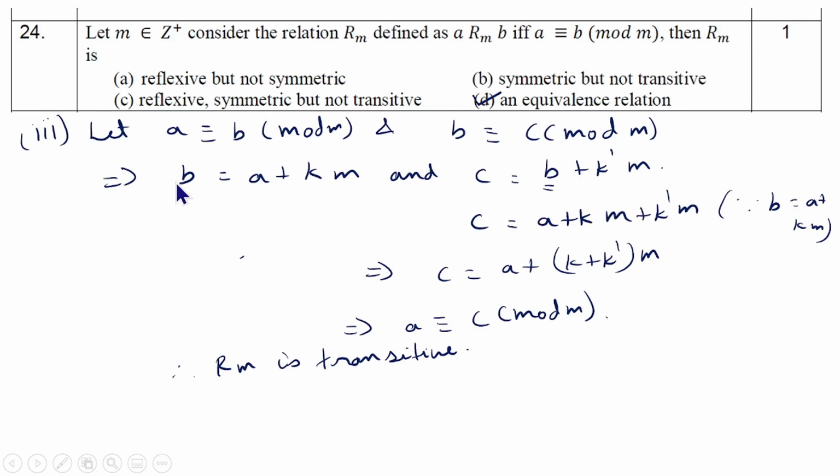So we have found b is equal to a plus km. It means c is equal to a plus km plus k dash m, or c is equal to a plus k double dash into m. From this we can see that a is congruent to c mod m. Therefore Rm is transitive. So we found Rm is reflexive, symmetric and transitive. It means it is an equivalence relation.